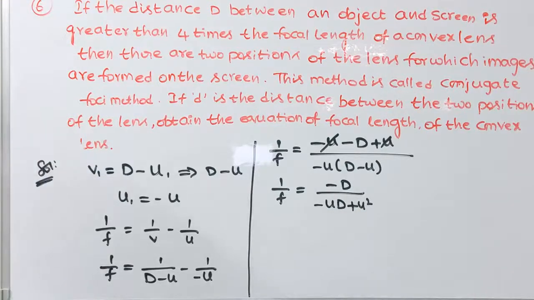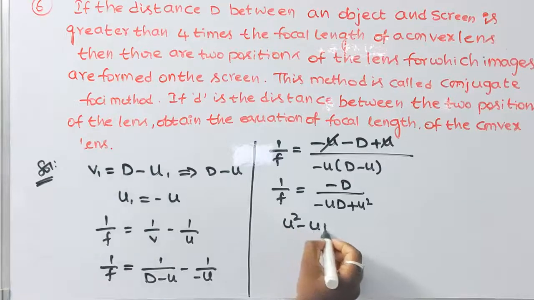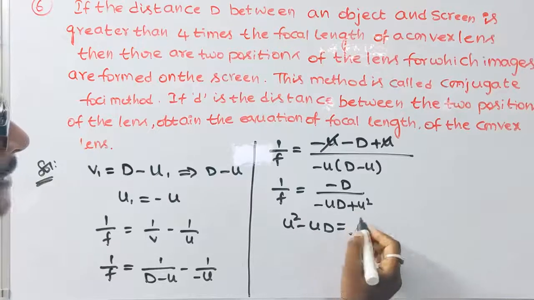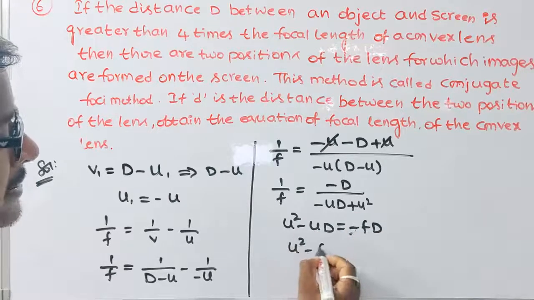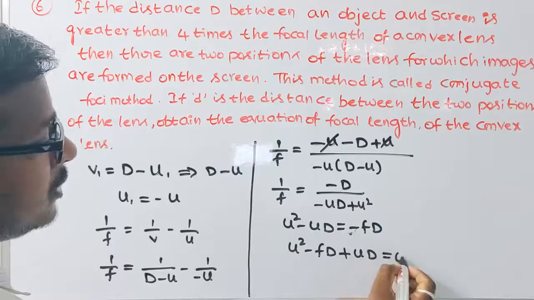Then cross multiplication: u square minus uD is equal to minus fD. Okay, u square minus uD plus fD is equal to 0.